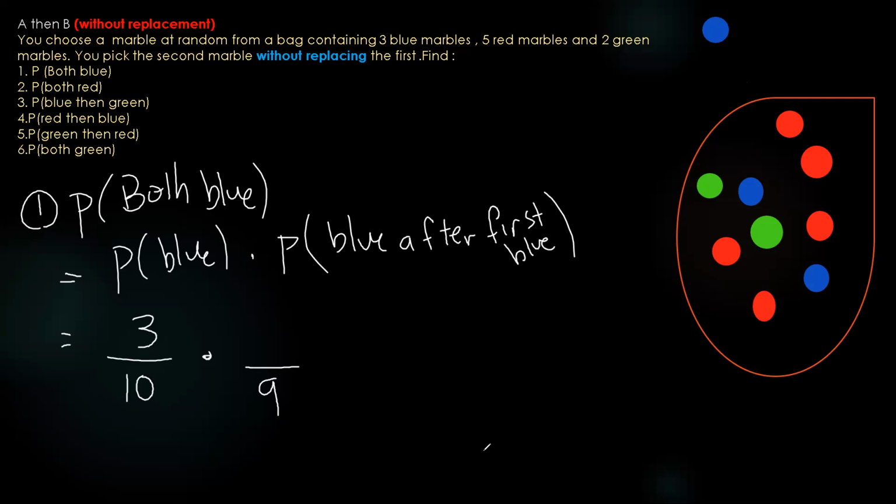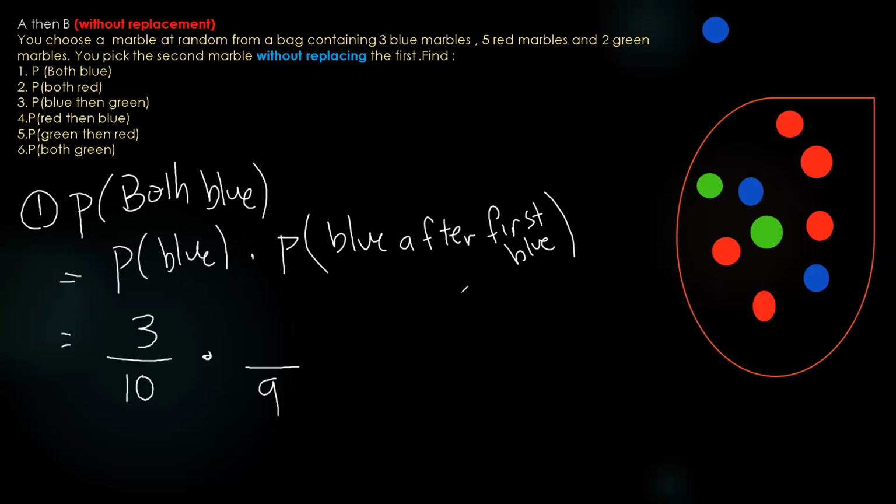And since we have 9 marbles, I want to choose the second one, blue. Now, how many blue do we have? We have only 2. So I have to say now 2 over 9.